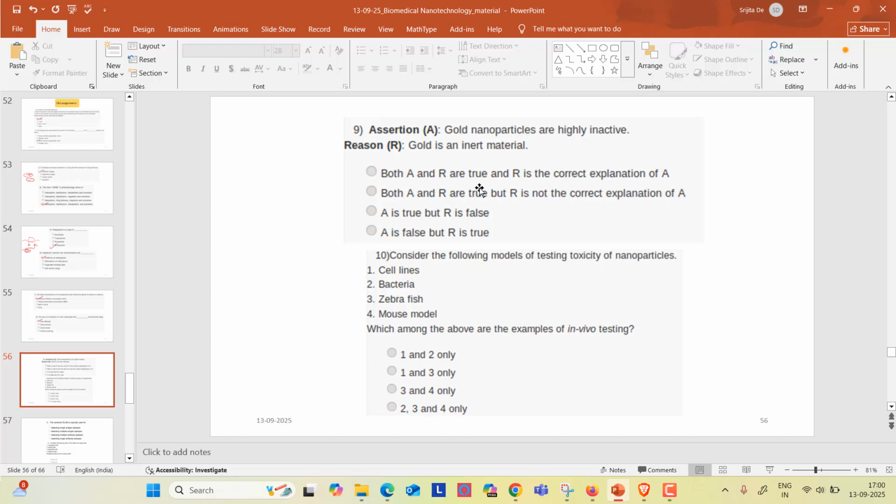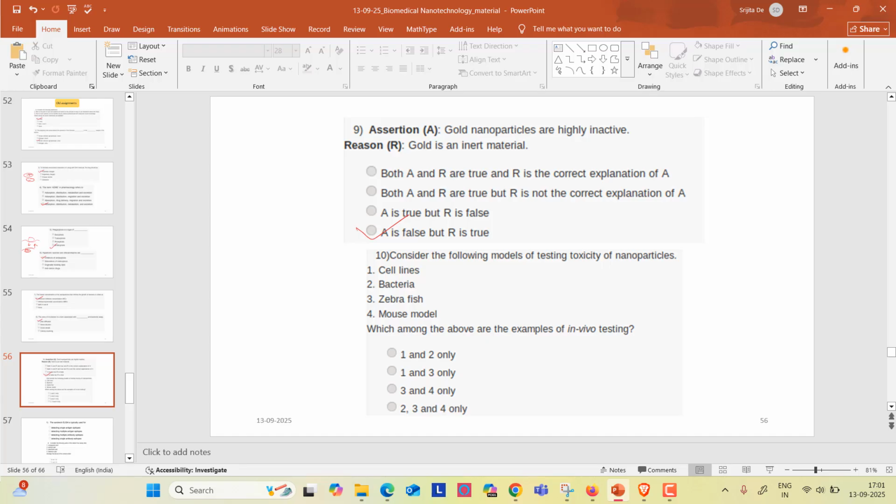Both A and R true, and R is the correct explanation of A? Both A and R true, but R is not the correct explanation of A? A is true, but R is false, or A is false, but R is true? Which one? So the answer is A is false, but R is true, because you know that gold nanoparticles are highly active, and these are mostly the particles used in all types of nanotechnology and nanomedicine. And gold is an inert material, which means it doesn't react with any other thing.